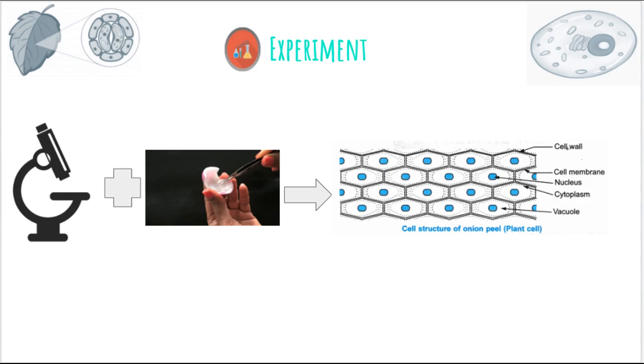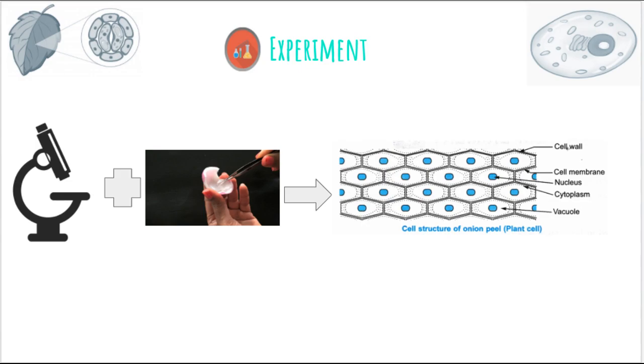So we can see inside the microscope that there are very small pentagonal, hexagonal structures that are continuously present in the skin, and these cells are present in huge amounts in the peel of the onion.